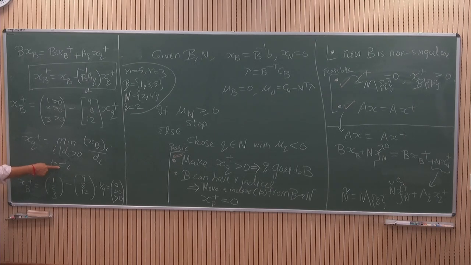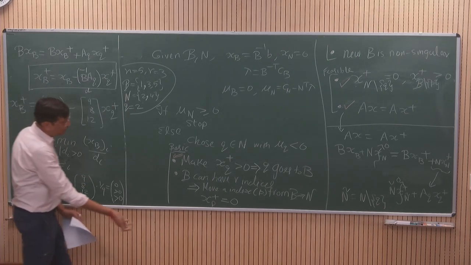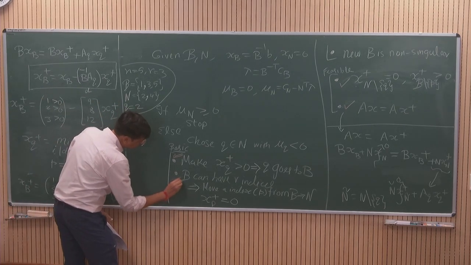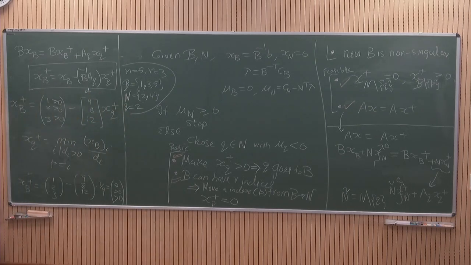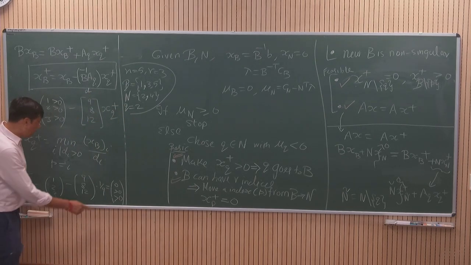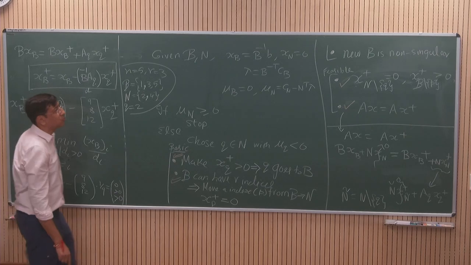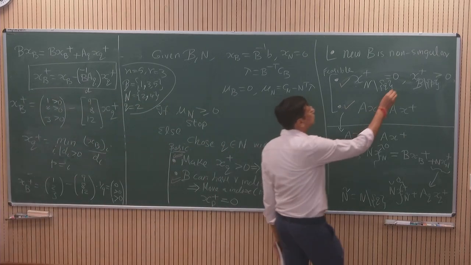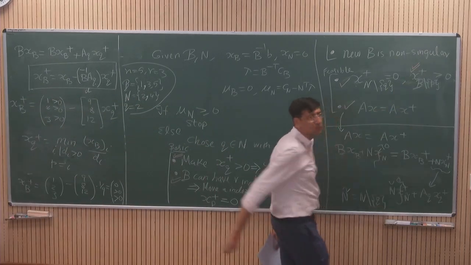So p became 1. So the minimizing i is called p. So we were able to make one element equal to 0, so we were able to satisfy this. Correct? And then we were able to get the remaining two elements to be greater than or equal to 0, so we were able to satisfy this.